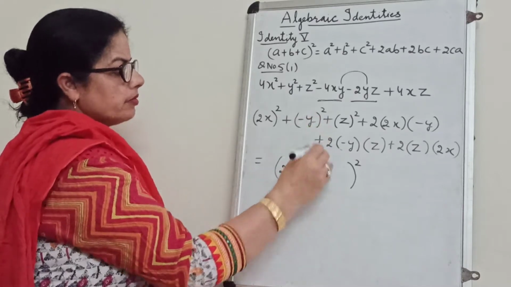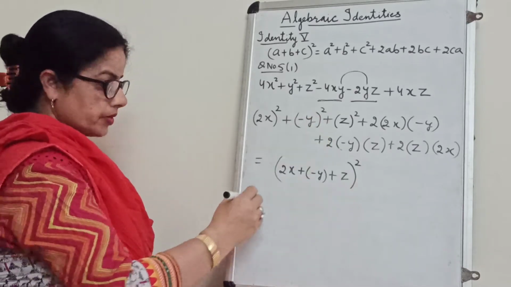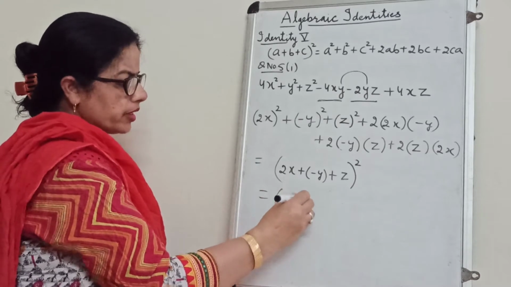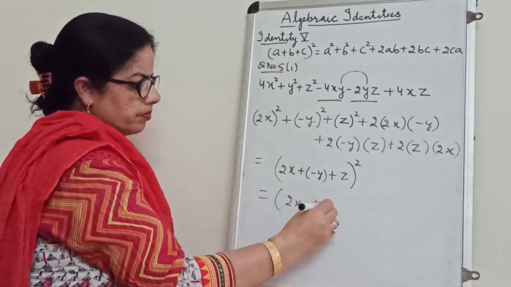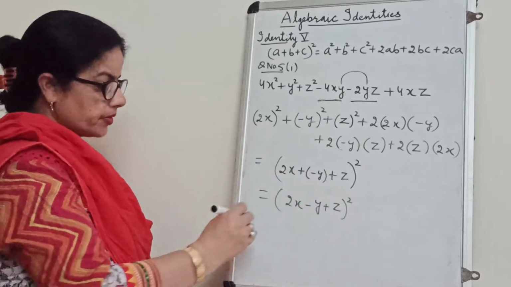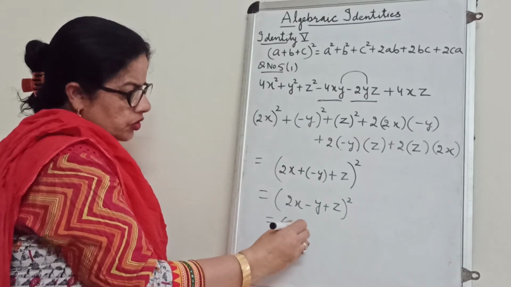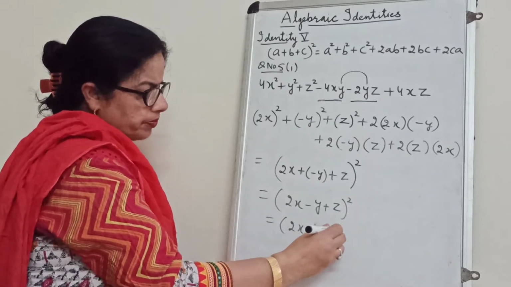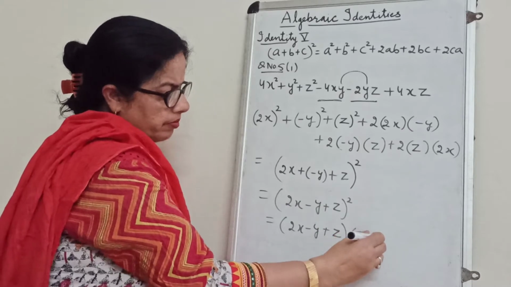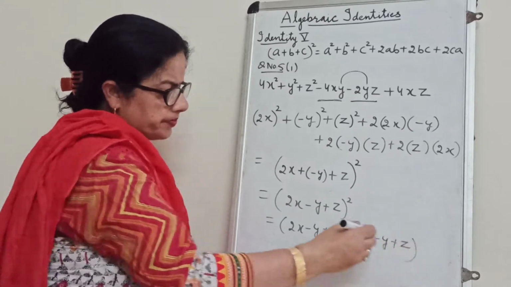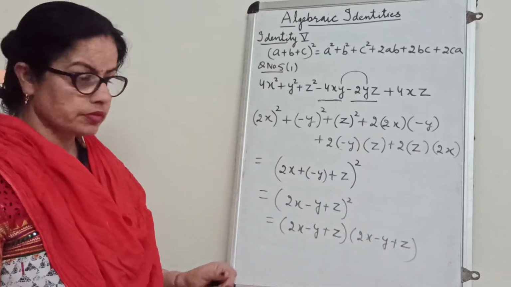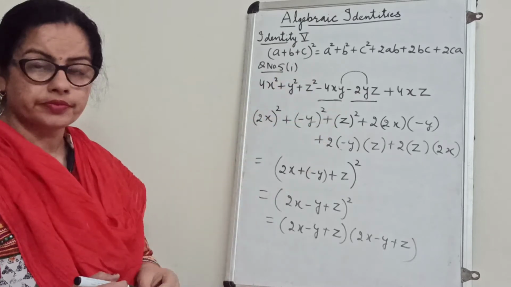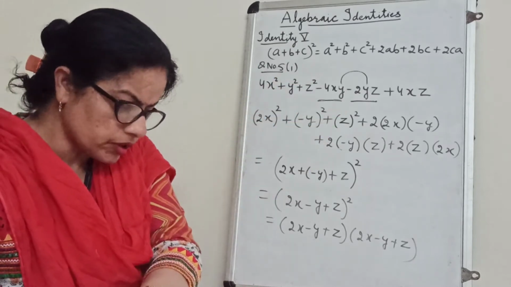Minus y. What is the third term? z. So we can write 2x minus y plus z whole square, or 2x minus y plus z times 2x minus y plus z. This will be the answer. In this way we have factorized this. Is it clear?